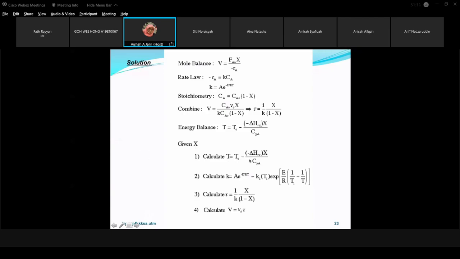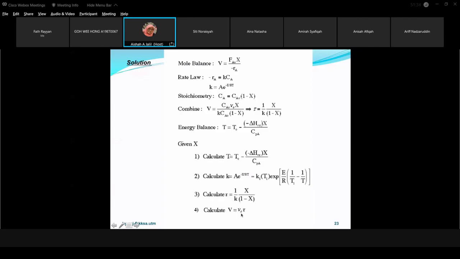Okay, T is equal to this one. You can calculate the K from the Arrhenius equation, and then you can calculate the tau when you get the K. And then you can calculate the V when you know the tau.